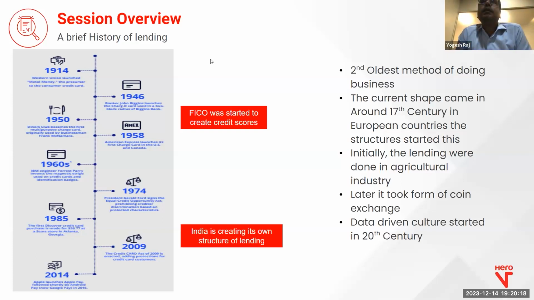But now, with the presence of data and automation, anybody can apply from any corner of the country and they can get a loan. So basically, the IT revolution followed by the capturing of data has helped the current shape of fintech lending, and even banks have improved a lot in their way of operating and in the time taken to give somebody a loan or not give the loan.